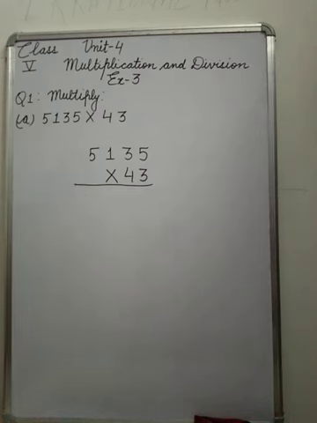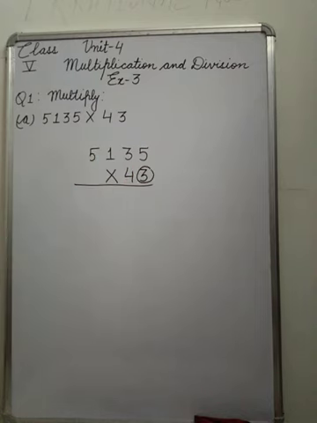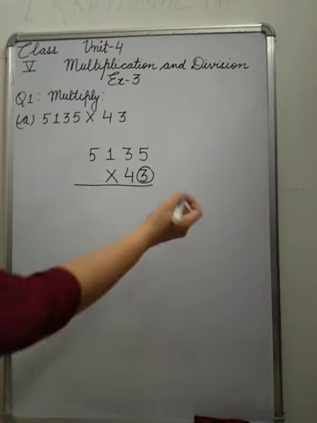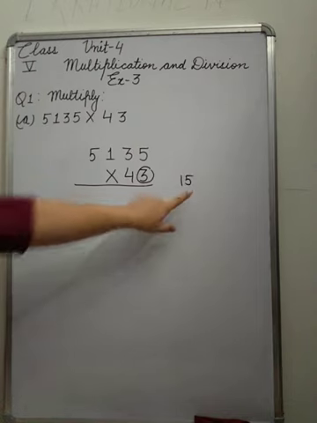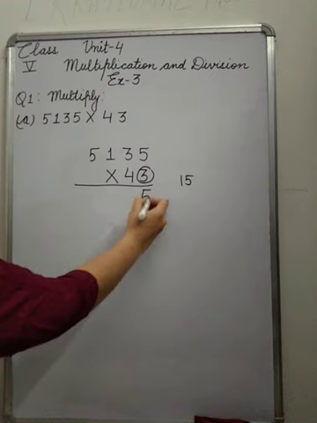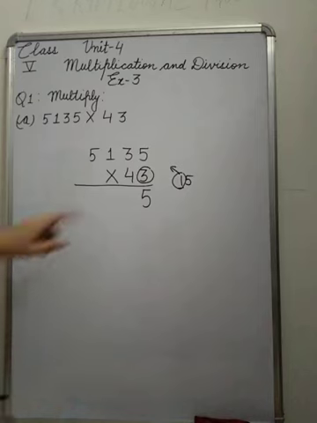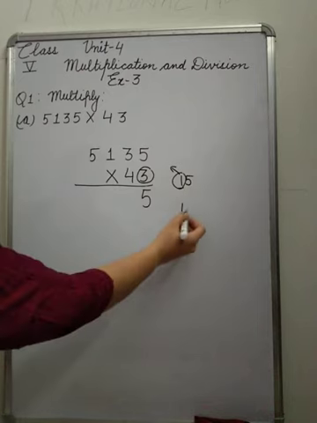Firstly, multiply with the ones position. With this digit you have to multiply all the digits above. See, 3 5s are 15. Firstly write in rough, 15. That 5 will be written here and that 1 will remain. Now 3 3s are 9 plus 1, that is 10.